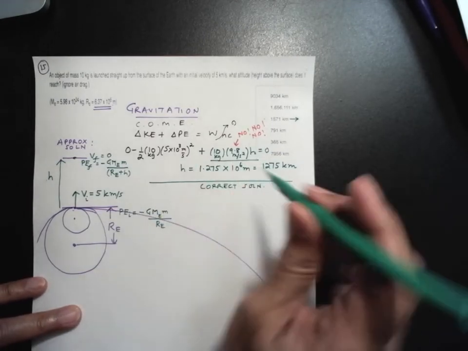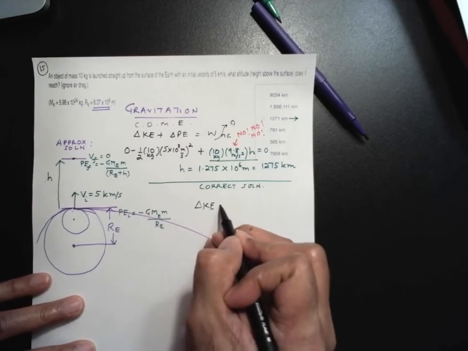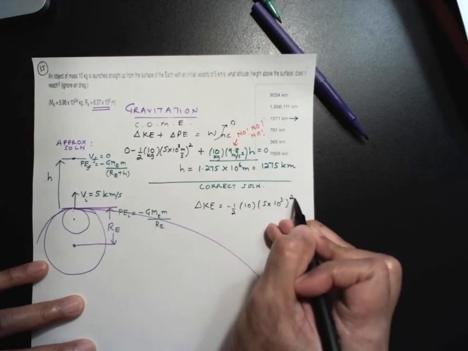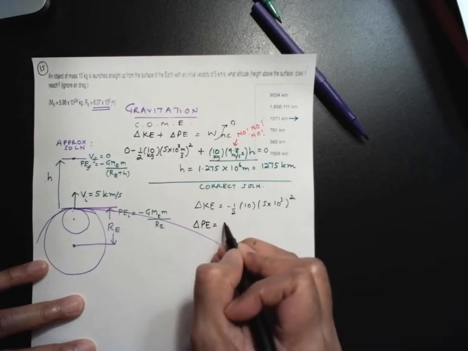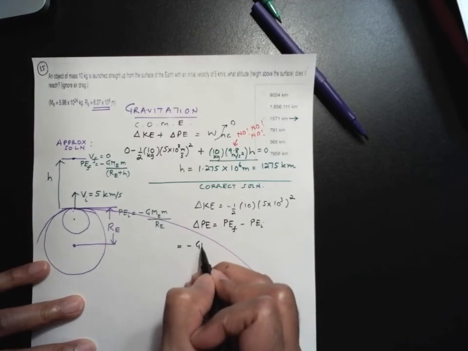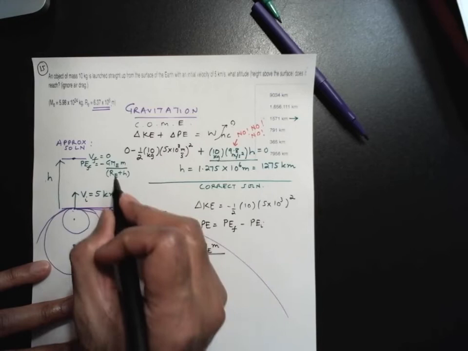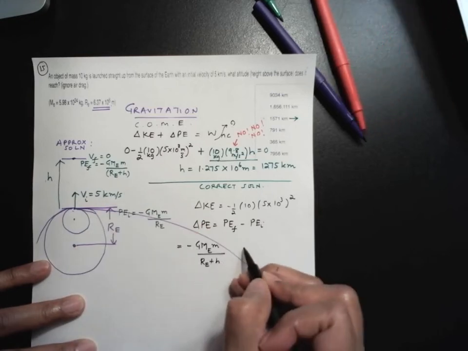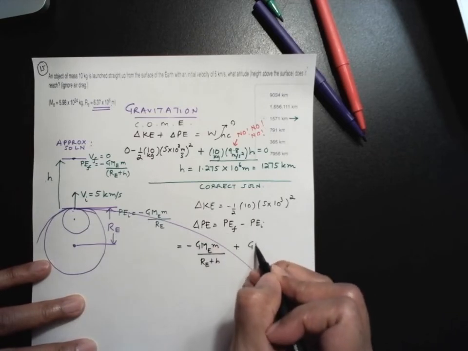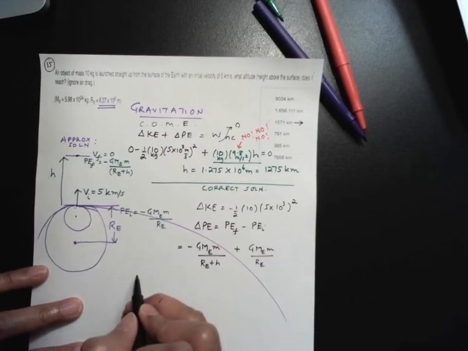Okay, so now I'm using the same idea as over there. The delta KE is still minus 1/2 times 10 times 5 times 10 cubed, squared. The delta PE is PE final minus PE initial, which is minus G M Earth times the mass divided by the final, R_E plus H, and the negative of the negative PE initial, so plus GMm over R_E.